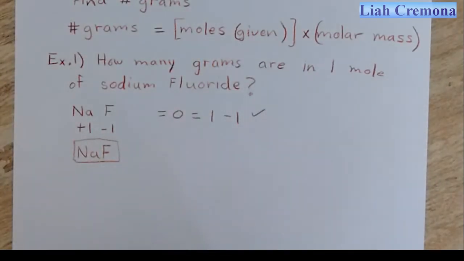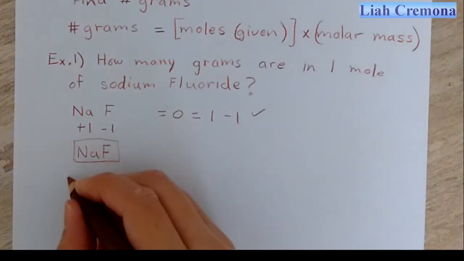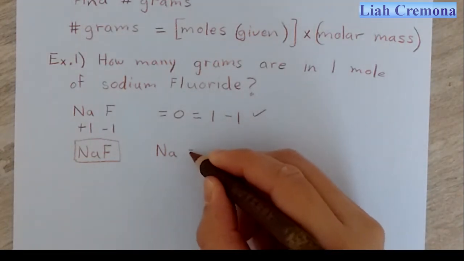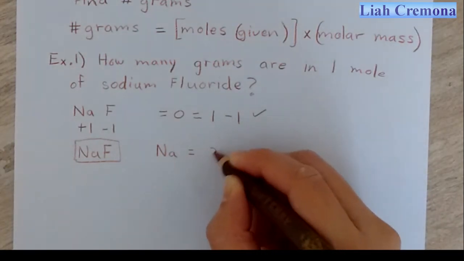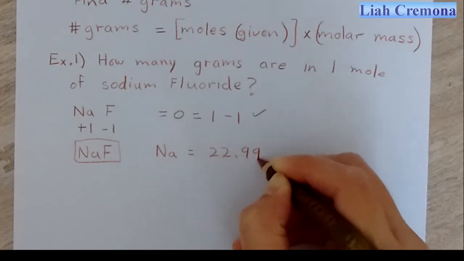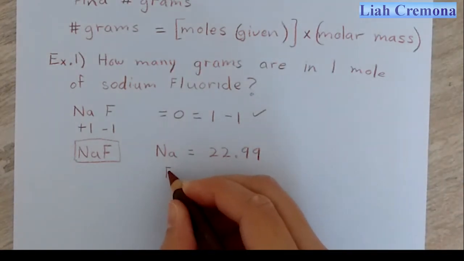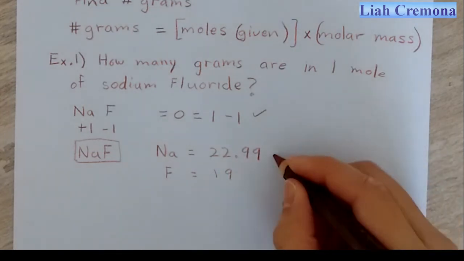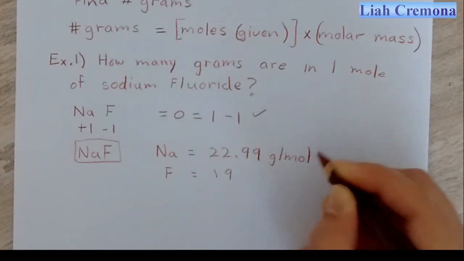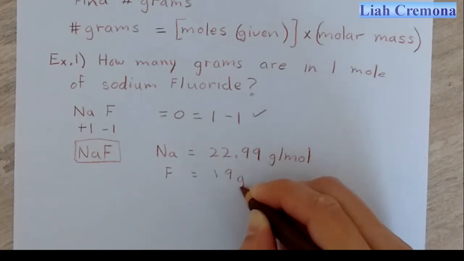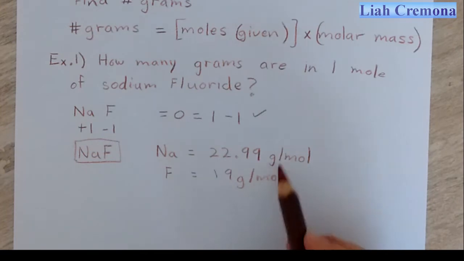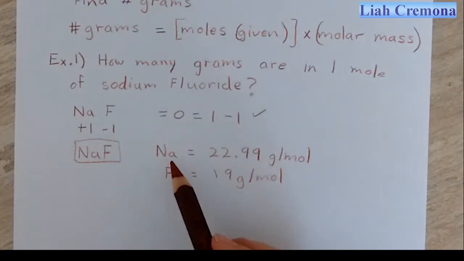The next step is to find the molar mass. Sodium has a mass number of 22.99, and fluorine has a mass number of 19. We do not need to multiply these numbers by anything because there is only 1 of each.